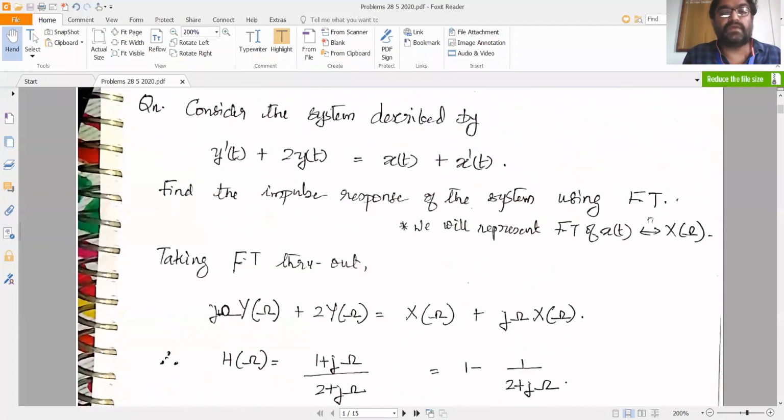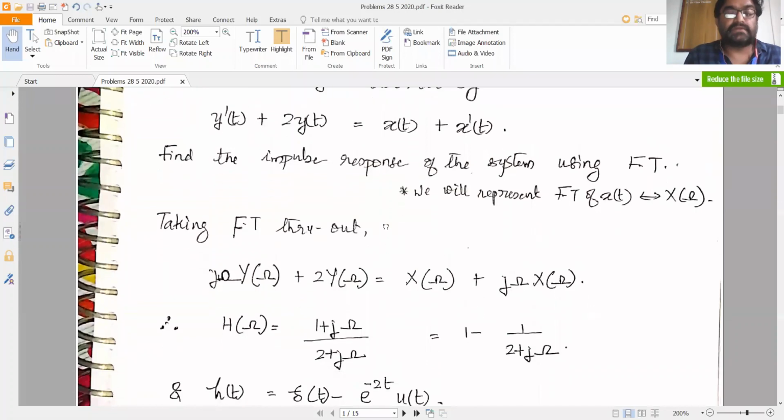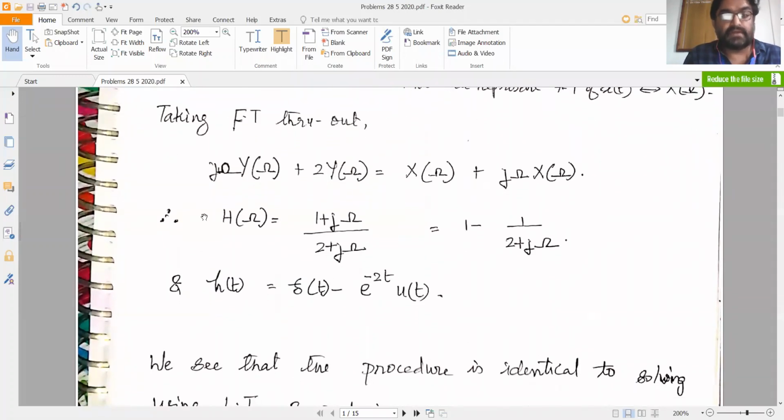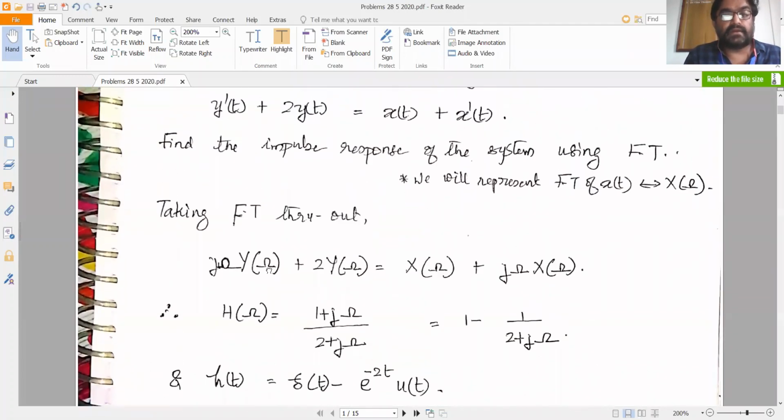So now we will take the Fourier transform throughout for this first order differential equation. The Fourier transform of y dash t is j omega into y of omega, plus 2y of omega is equal to x of omega plus j omega into x of omega.